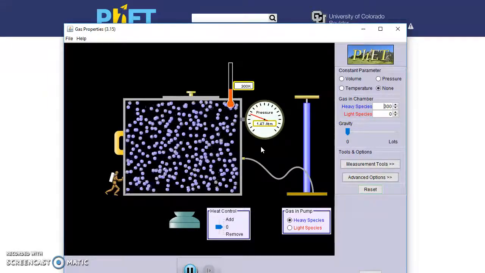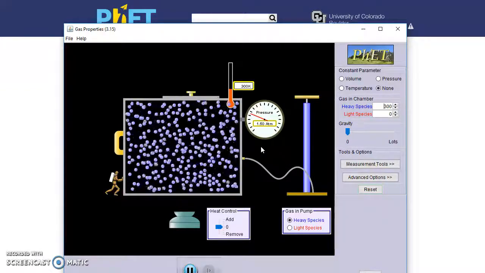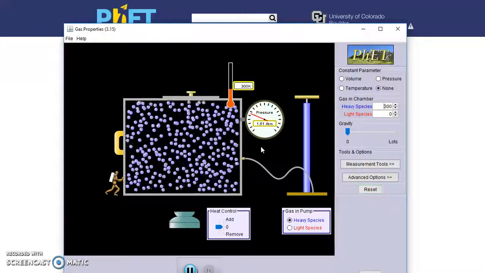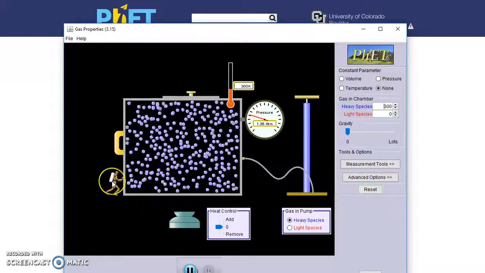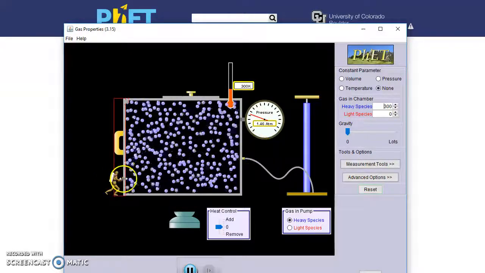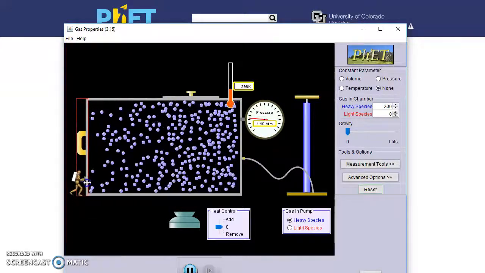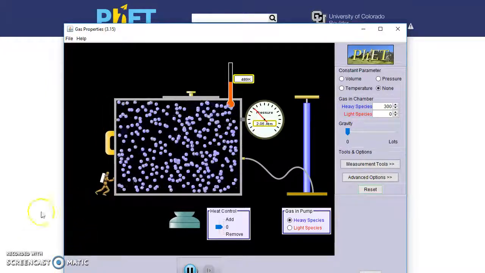So something that you could study is what happens to a gas when you heat it. Okay. So I put in 300 gas particles. Now this can move and change the volume of the gas. But we want to hold the volume constant right now.